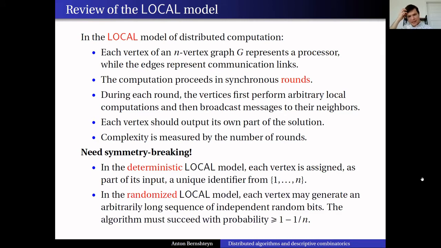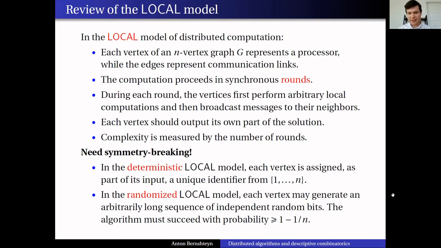And this is the deterministic version. Regardless of how the identifiers are assigned to the vertices, the algorithm has to produce a correct solution to the problem.